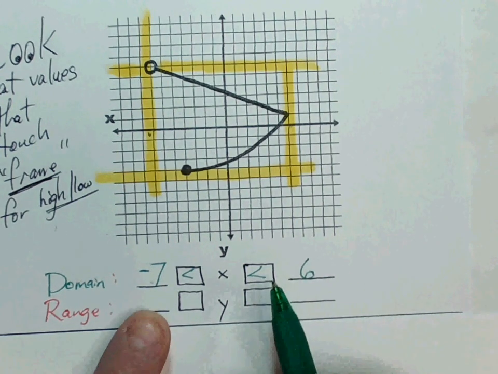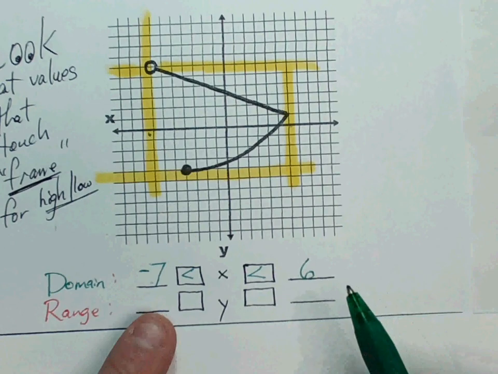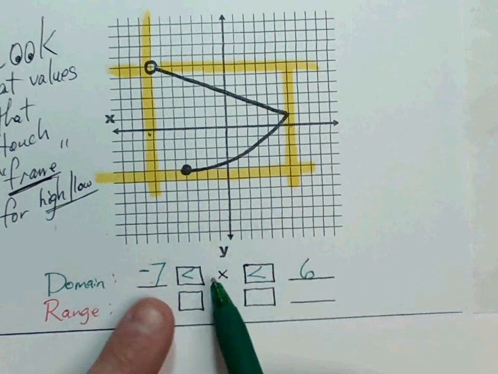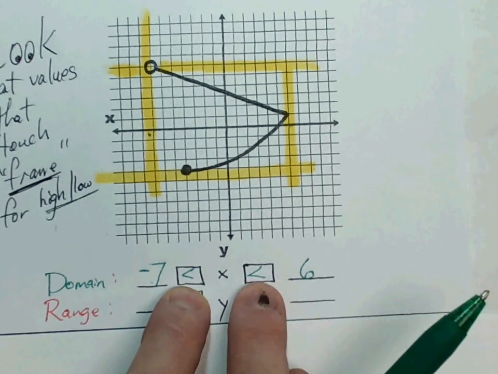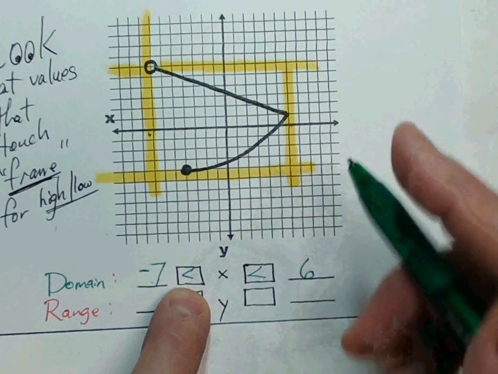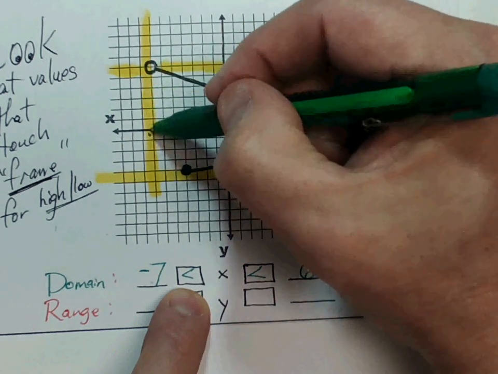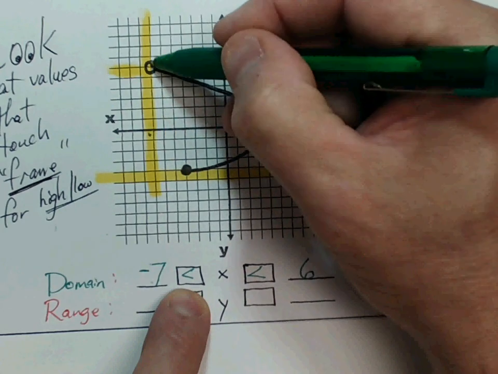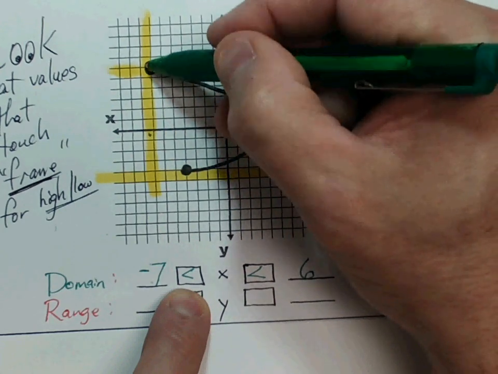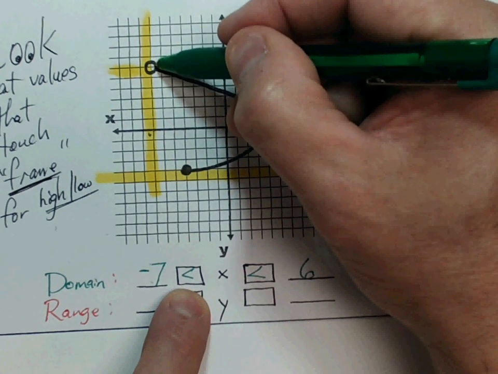Alright? Before we go on to the range, let's take a look. Now to determine if this stays less than or goes to less than or equal to, we're going to look at the dot. Okay, so now let's go to the graph. At -7, the graph has an open dot. So that is exclusive.